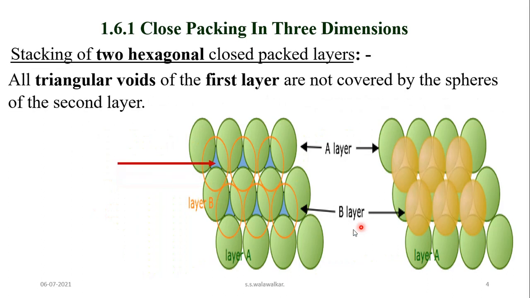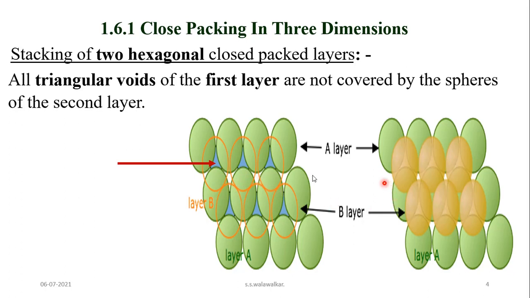And these are the triangular voids of the first layer. These are all triangular voids. This one is blue, and similarly this one here is white. These are the triangular voids of the first layer.